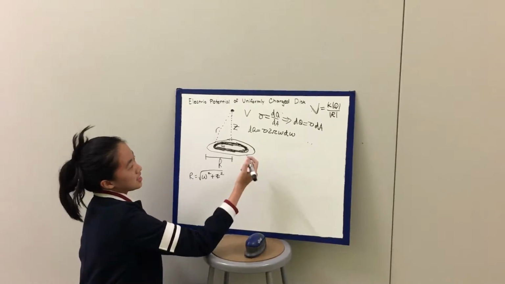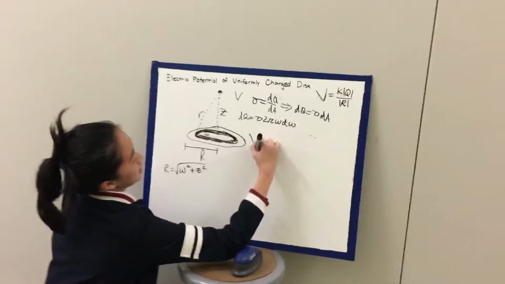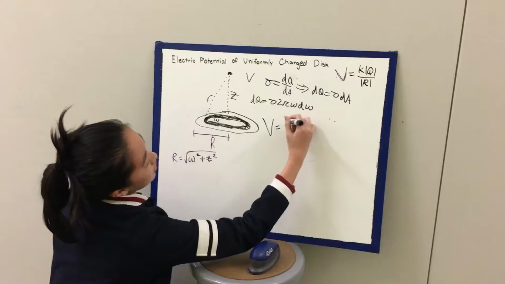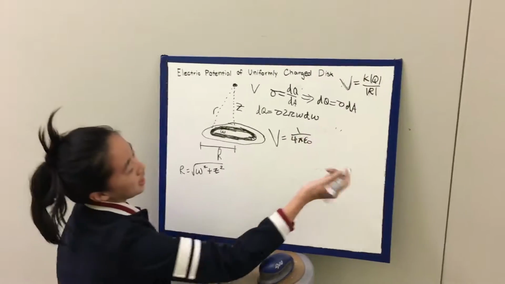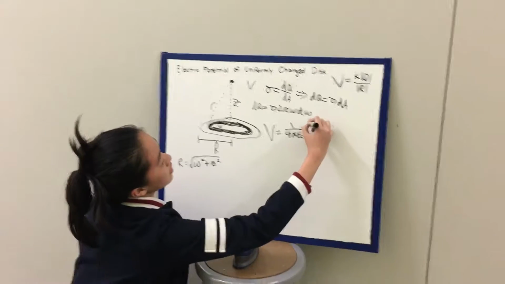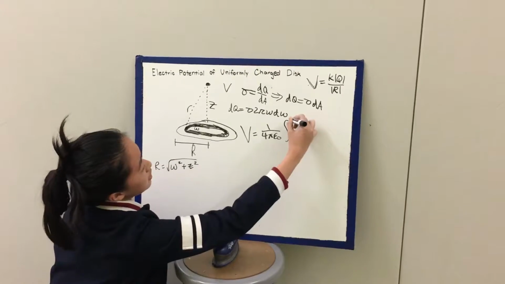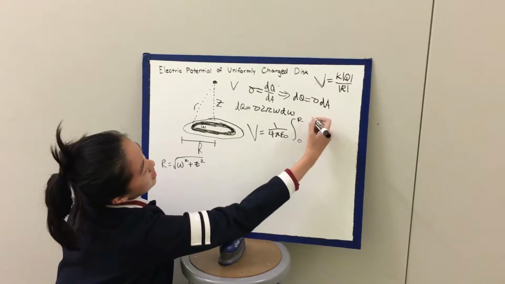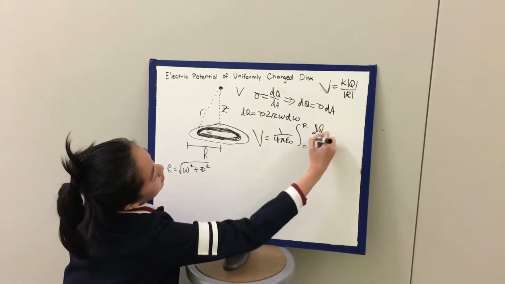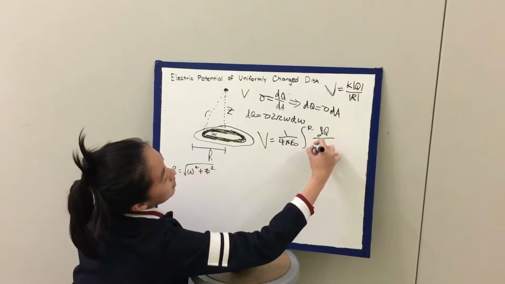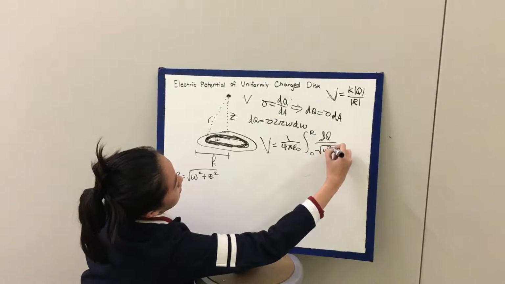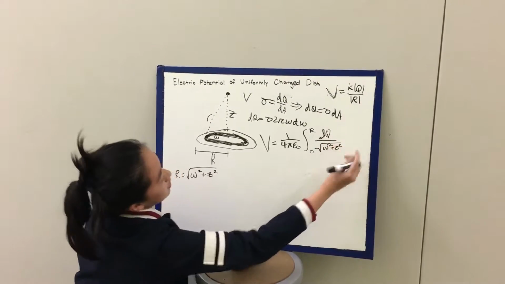Then our electric potential would be 1 over 4 pi epsilon naught times the integral from 0 to r of dq over R, which would be omega squared plus z squared under a square root.